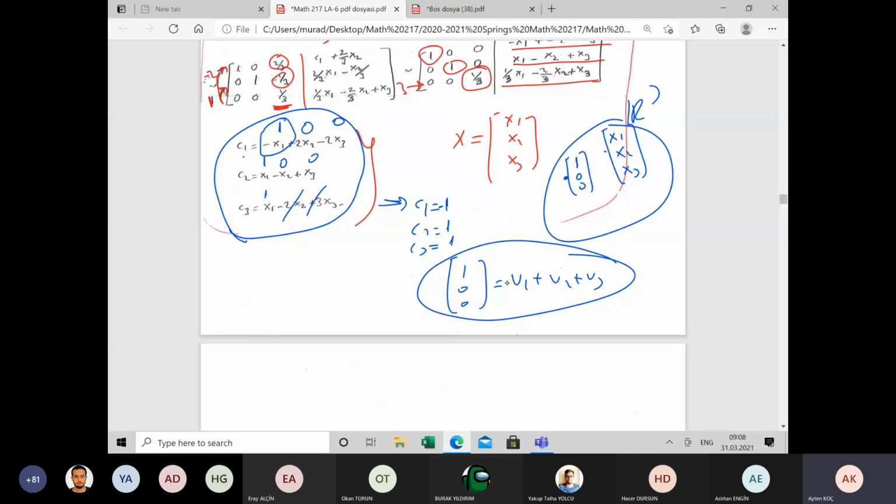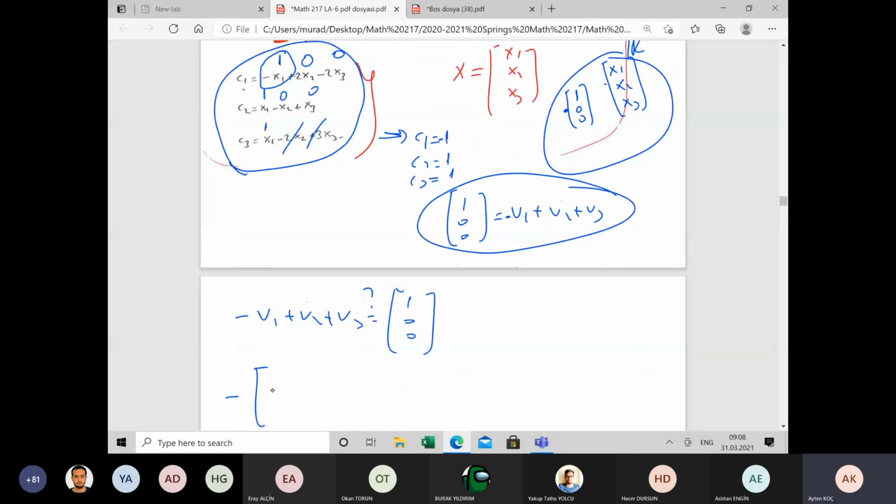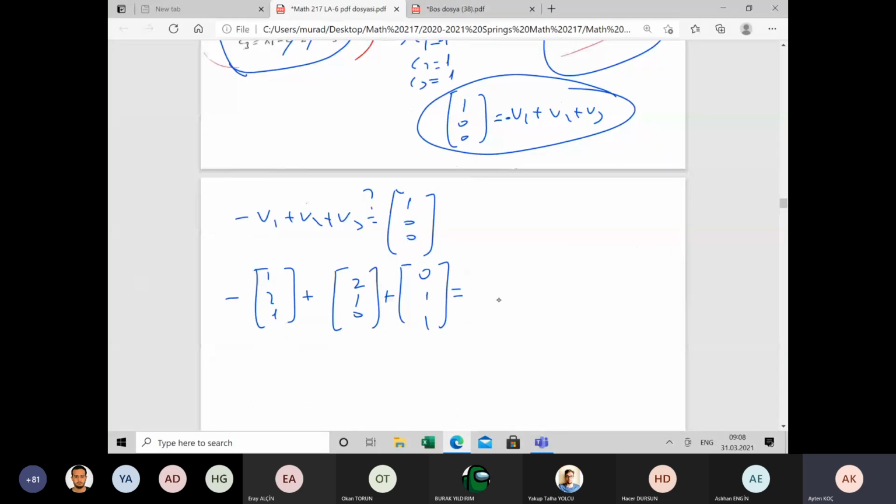Our aim is to get minus V1 plus V2 plus V3 equal to 1, 0, 0. We claim that. It's okay. Right here V1 is 1, 2, 1 plus V2 is 2, 1, 0 plus V3 is 0, 1, 1. Our aim, we got 1, 0, 0.